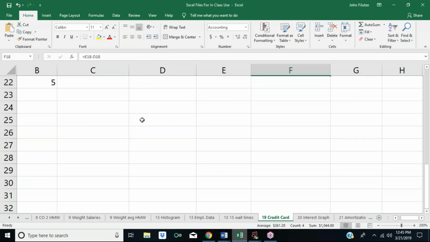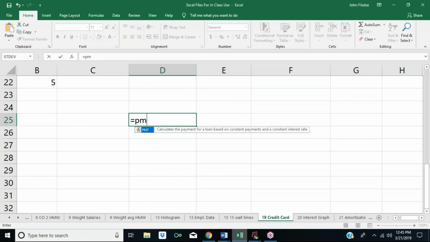Well, again, we're going to do the equals PMT parentheses the monthly, so 0.03 divided by 12, the number of payments, it said 60 months, and then how much is she borrowing? 34,000 with a negative in front of it. So that's what we would type into Excel.